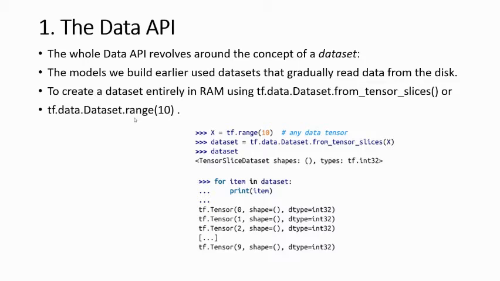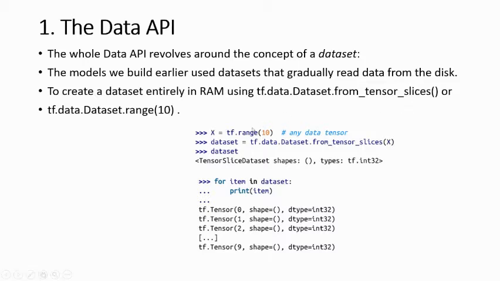Range is a method which creates a sequence of numbers and returns a one dimensional tensor, whereas from_tensor_slices is a method which slices the items in the data set into a one dimensional tensor.